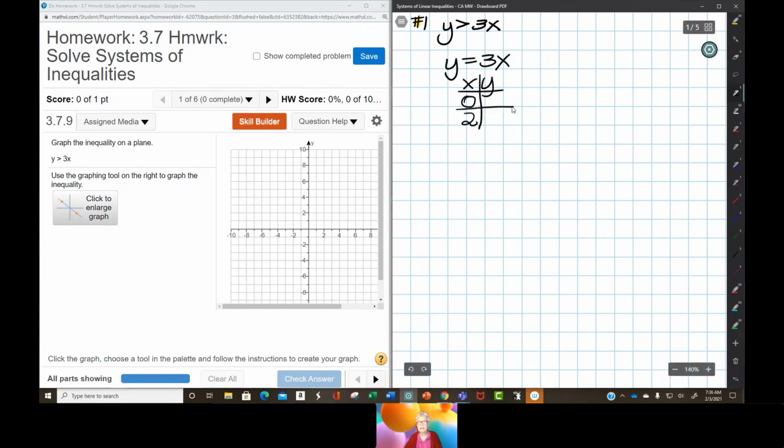I just pick those numbers out of the air. I could pick any numbers, but I just want to keep them small. They're easier that way. All right, so if x is 0, then y equals 3 times 0, because we've got 3x. So that's 0. (0, 0) is one of the points on the line part of the inequality.